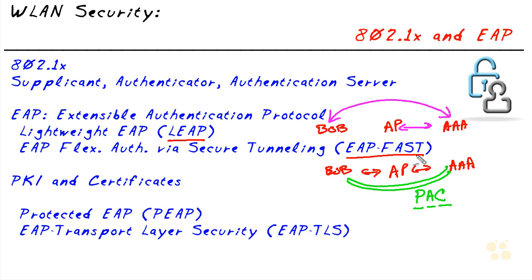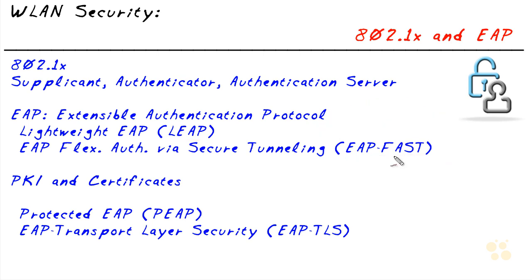Now, to use FAST, you have to have a client who's going to go ahead and support that. And fortunately, most of the clients that we use that are supplicants do support EAP Fast. On some, it's a little easier than others, but most are going to support it. Another aspect of FAST is that it does not require us to implement digital certificates at the client or at the Radius server.